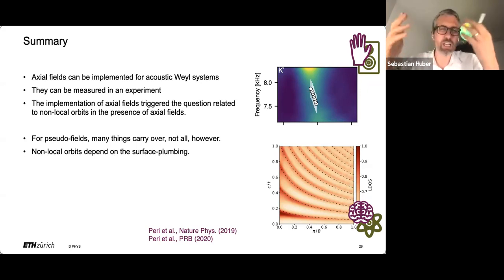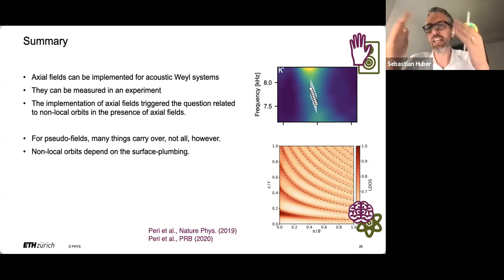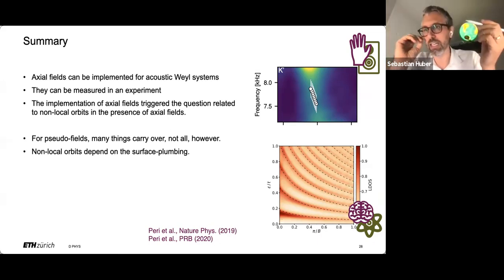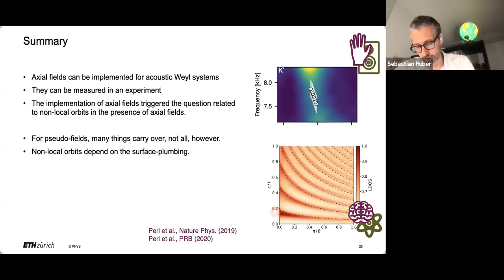And once you have that, you realize you always will have 4 Weyl points in these systems, because you can't break time reversal, or you don't want to break time reversal, maybe I should say. And then you immediately have 4 Weyl points, and that's a system that was not super carefully analyzed in the electronic case in terms of what it means for your non-local orbits. That kind of showcases a bit of how we work, how classical and quantum physics are actually not so different, and we mutually benefit each other.